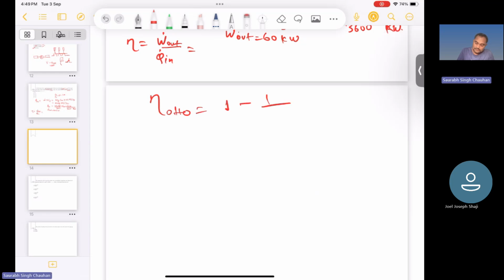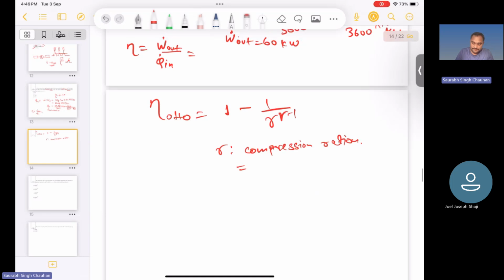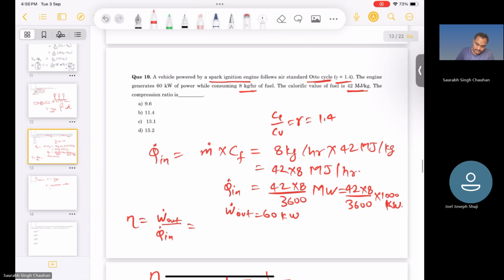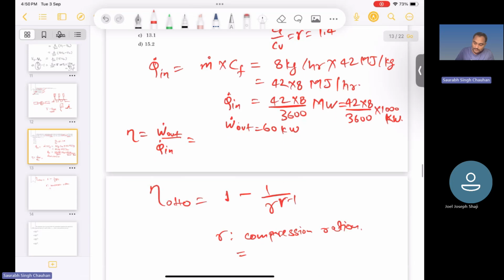It is 1 minus 1 by r to the power gamma minus 1, right? r is the compression ratio. Please correct me if I'm making any mistake. And r we have to find.